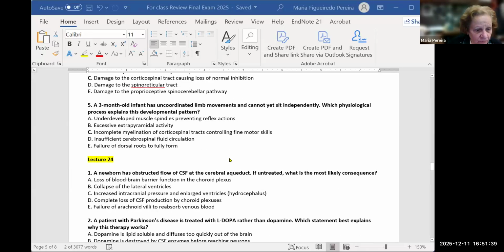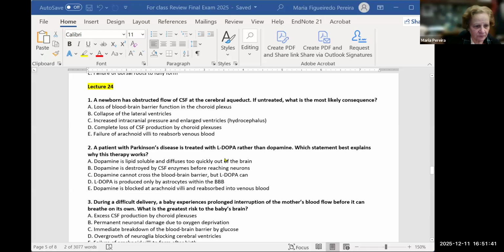Okay, move on to lecture 24. A newborn has obstructed flow of CSF at the cerebral aqueduct. Remember the ventricles: the two lateral ventricles in the hemispheres, then the third ventricle, the aqueduct, and then the fourth ventricle.